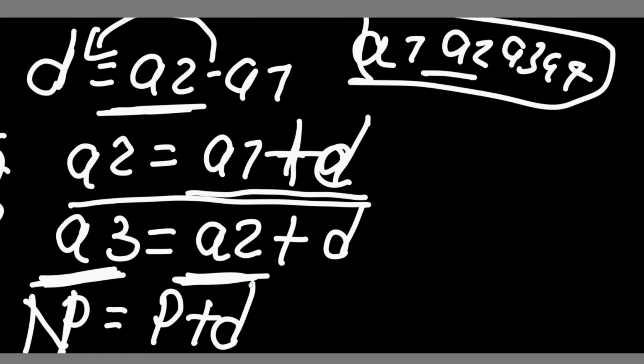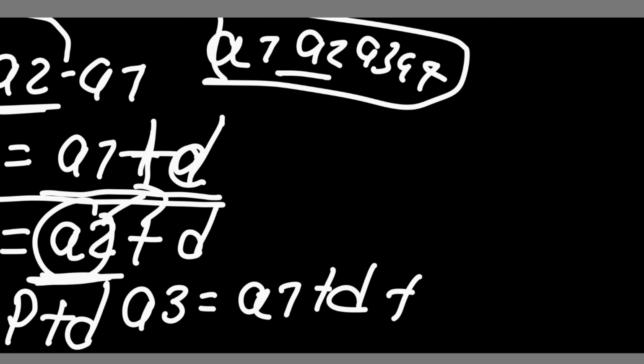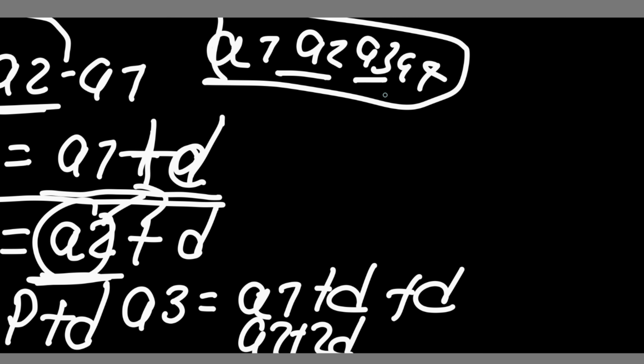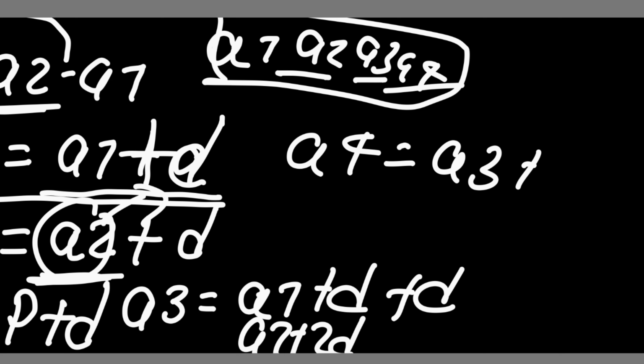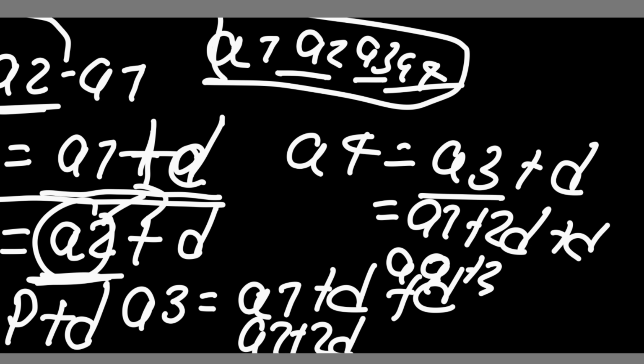Now here A3 means A2 plus d, and A2 also means A1 plus d, so plus d gives us A1 plus 2d. Now let's find A4 as we have found A3. A4 is equal to A3 plus d. A3 also means A1 plus 2d, which will give us A1 plus 3d.